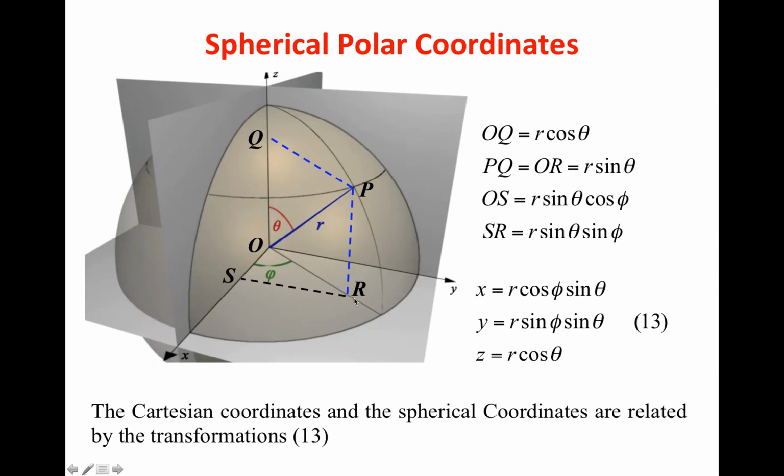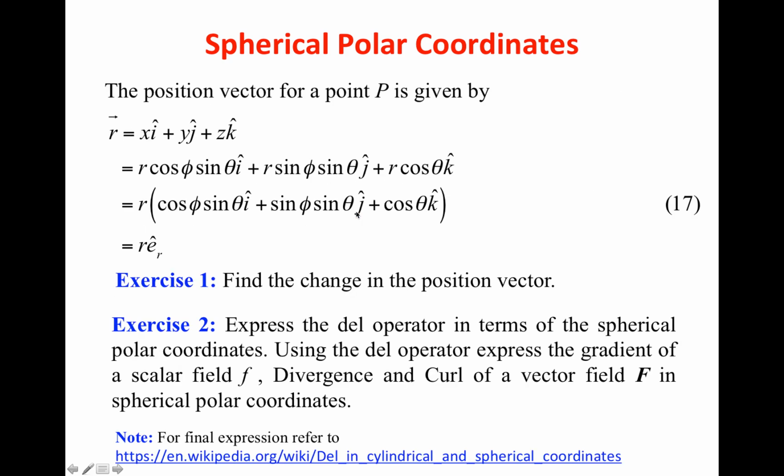The position vector of P in terms of the spherical coordinates is just its magnitude, the distance from the origin r, in the direction of the radius vector, which is e_r cap, and that is exactly what we have got.